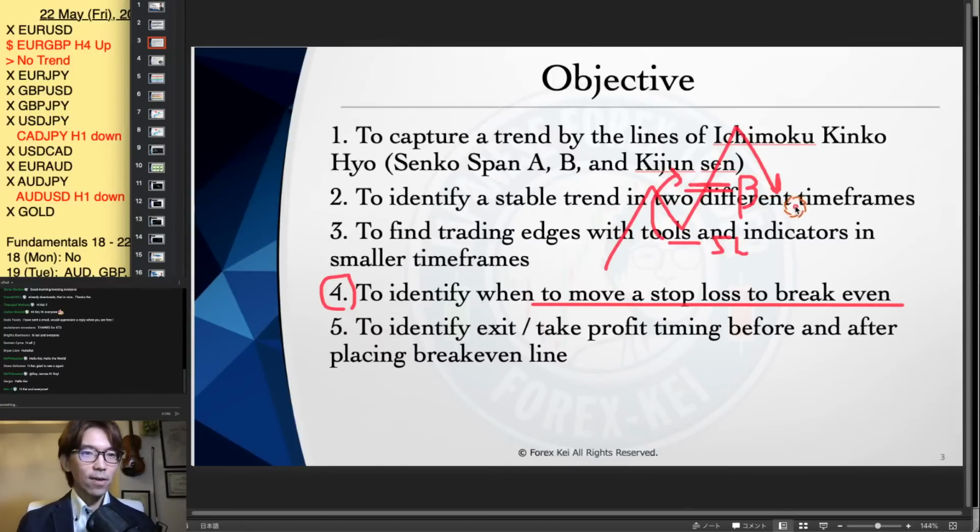So that's the idea of break even, and this is a very important concept of my trade strategy. And this is something that I will be showing you too in my future lives based on this PDF. And this PDF actually explains how I move the stop loss to break even too. Okay, so that's the fourth thing that's important.